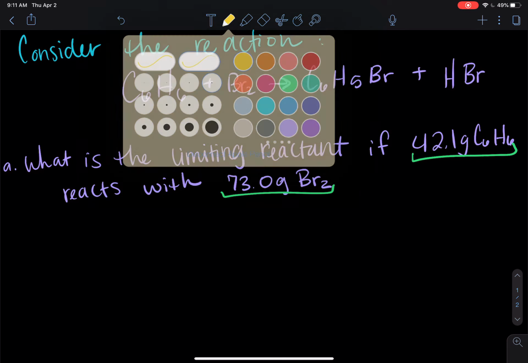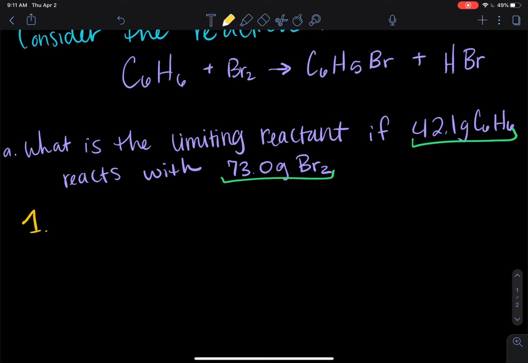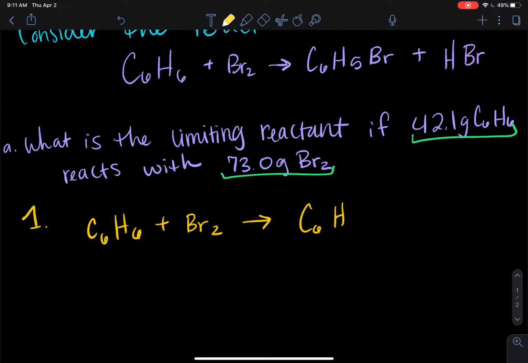So your first step of limiting reactants should be the first step that you do all the time: you want to look back at your equation, and you want to make sure it's balanced, okay?